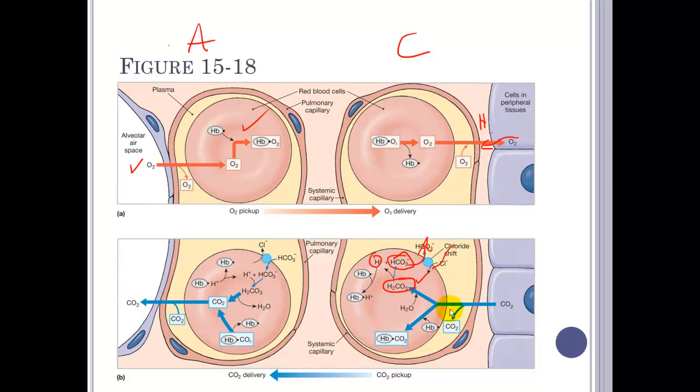It picks up the CO2 and then will carry it back. So when it carries it back, which is over here, the CO2 is dropped off and the oxygen is obtained. And this happens all over again. So alveolar, distal capillaries, gas exchange, higher to lower, gas exchange, higher to lower.